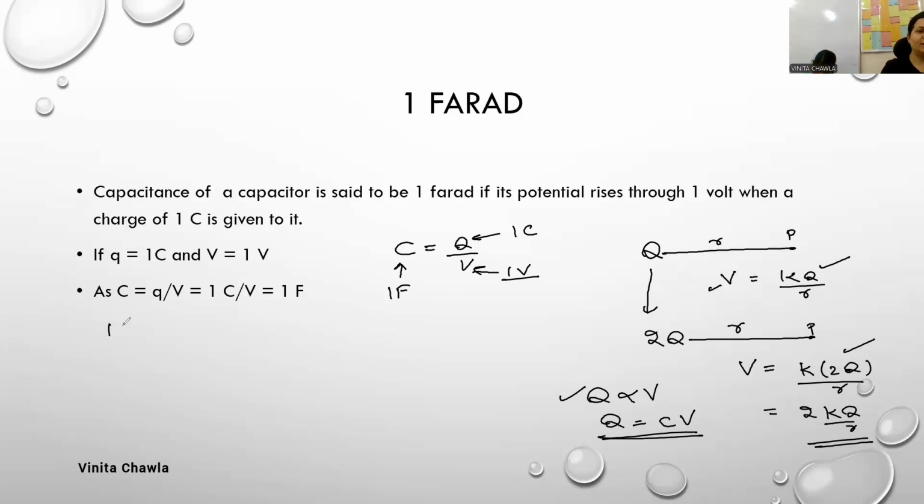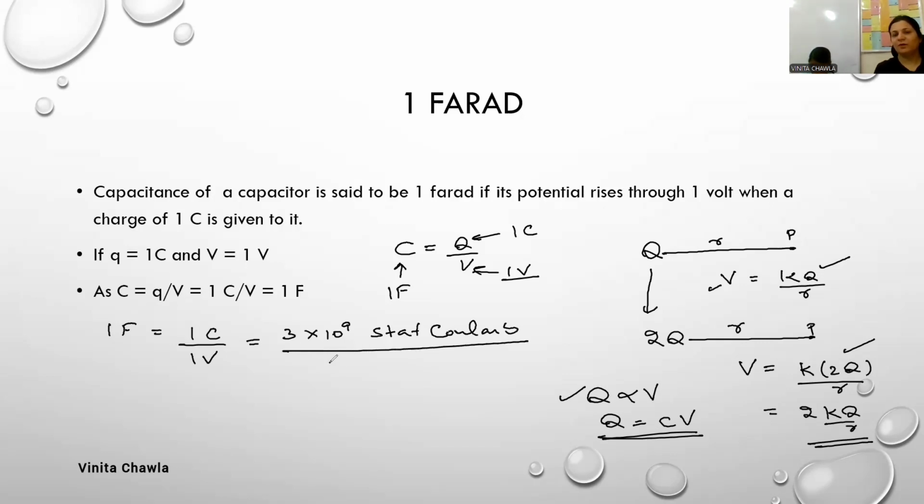So 1 farad can be written as 1 coulomb upon 1 volt. So if we want to write the CGS unit, then how do we write? In 1 coulomb, we have 3 into 10 raised to the power 9 stat coulomb. And in 1 volt, we have 1 upon 300 stat volt.